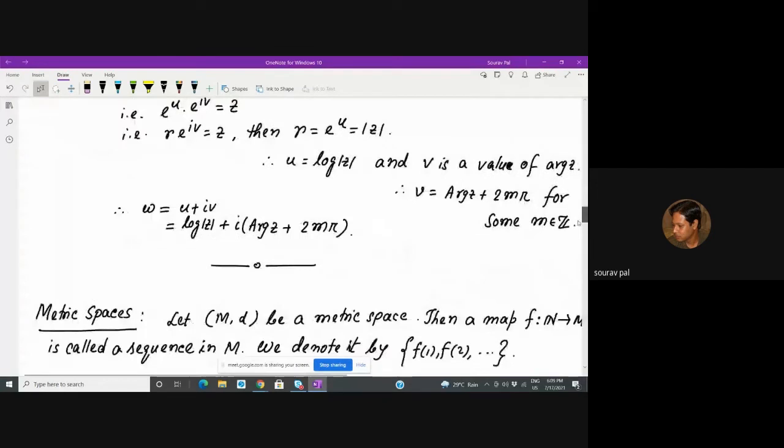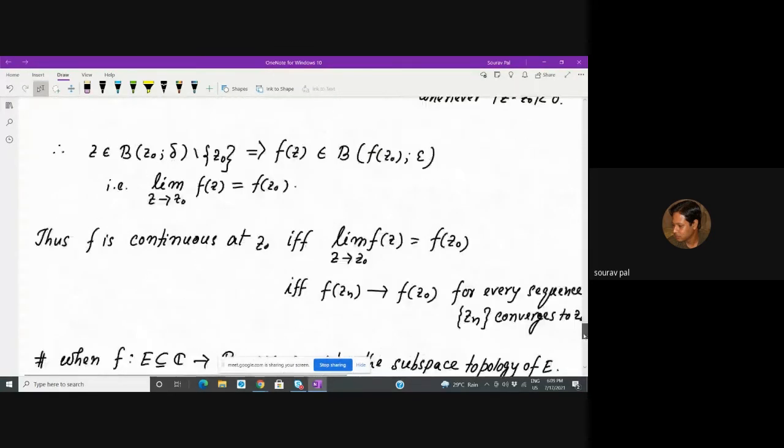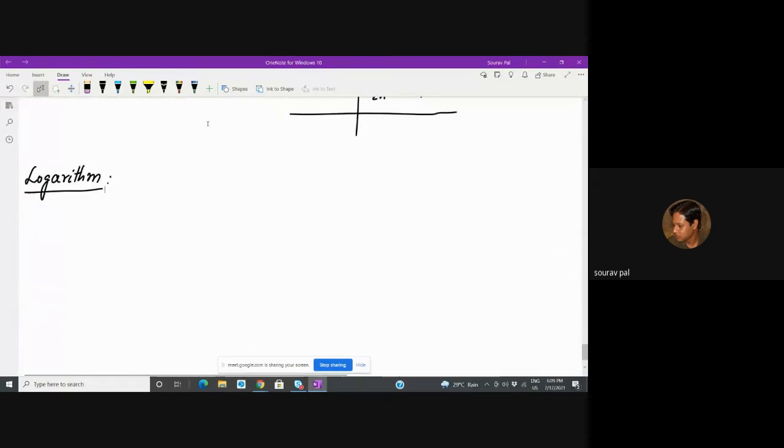Now, I am going to ask you one question here. If I talk about this as a definite function, as I said, this arg z, okay. So this is a function, right, from C minus 0 to (minus pi, pi]. My question is whether this function is continuous.